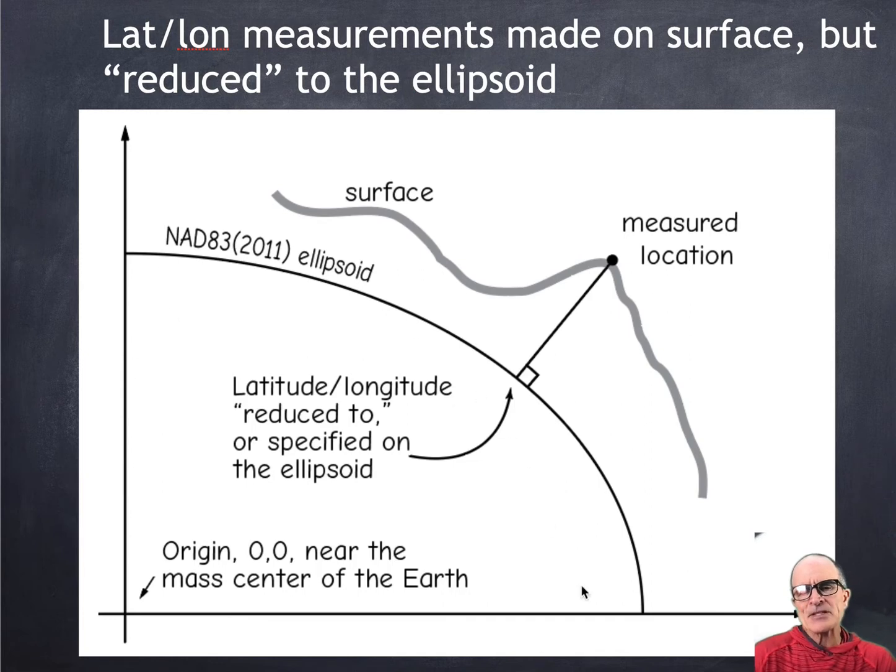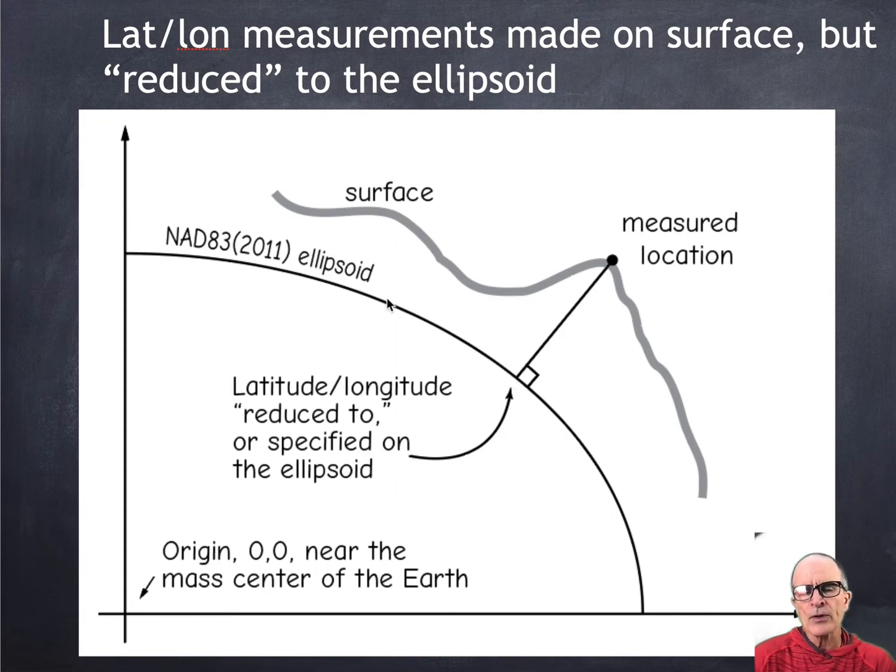The best estimates of the ellipsoid have changed as our measurements have gotten better. So every time we do a change in the ellipsoid, we have a new datum, a new surface. A datum specifically defined is this surface, an established mathematical surface, plus a set of measured locations reduced onto that surface.